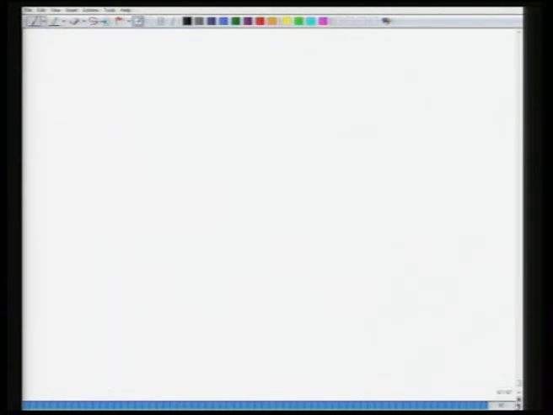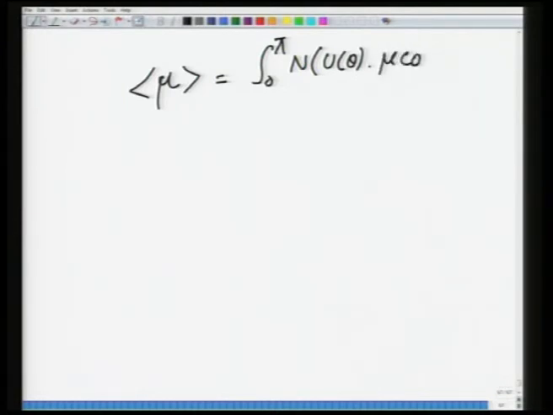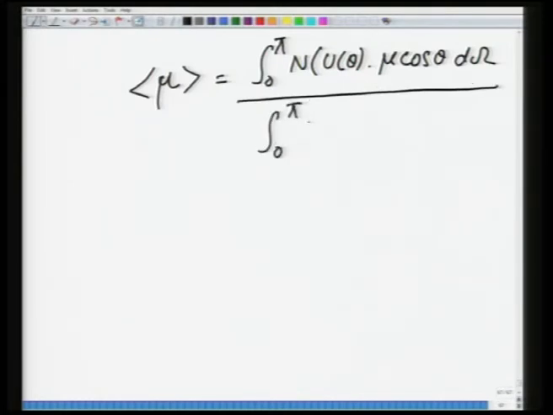So this mu average is the integral from 0 to pi of n(theta) mu cos theta d omega, divided by the integral from 0 to pi of n(theta) d omega.